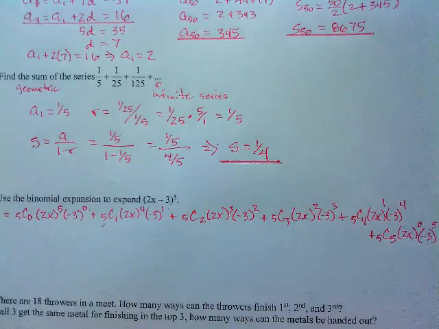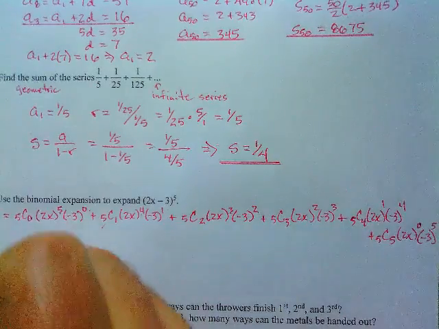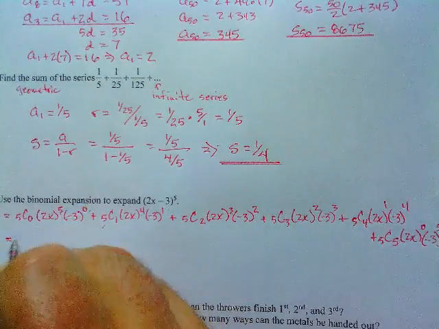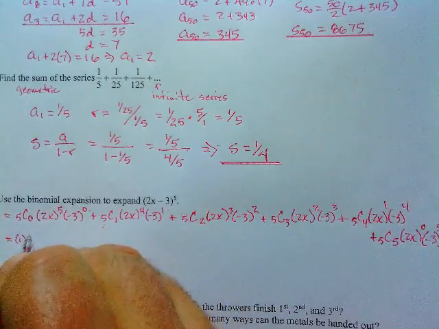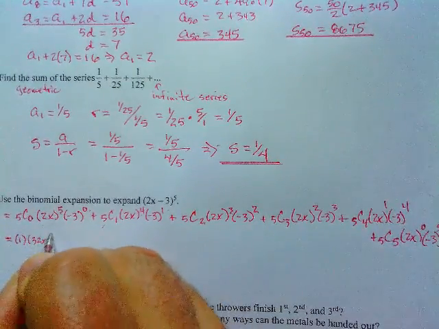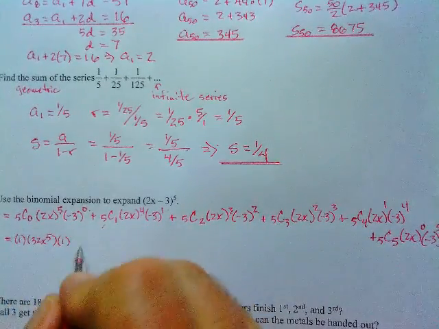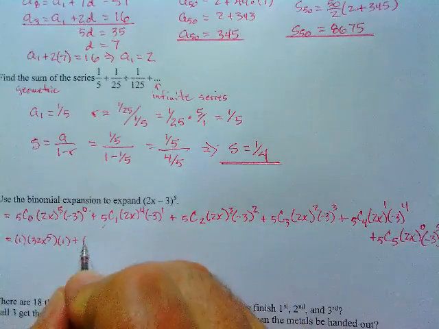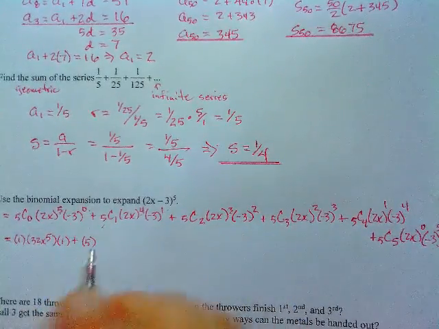Now that I've done it, I have to go ahead and simplify to see what the actual terms will be. And so first off, 5c0 is a 1, and then I'm going to have 2x to the 5th, which will be 32x to the 5th. Anything to the 0 power is a 1. Okay, next, 5c1, well, that's going to be a 5, because anytime you have a c1, it's whatever the first number is.